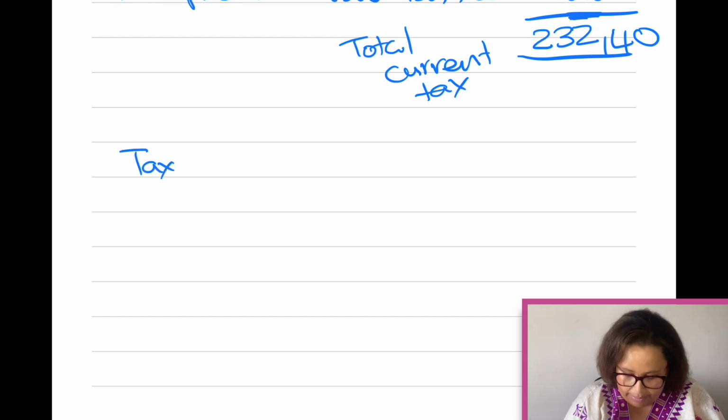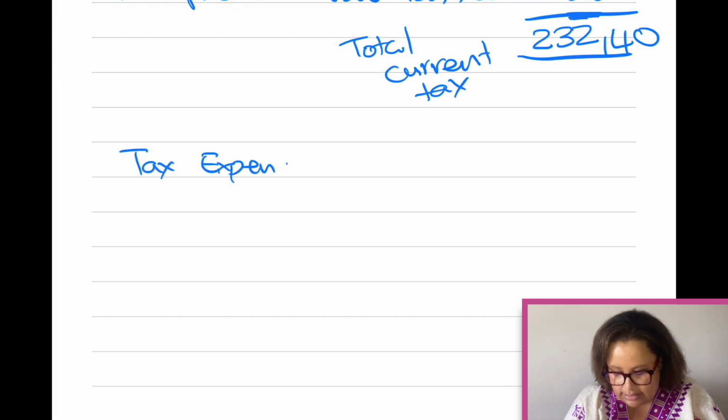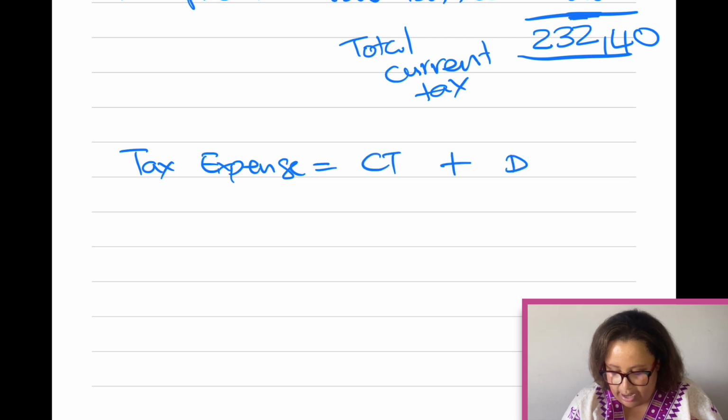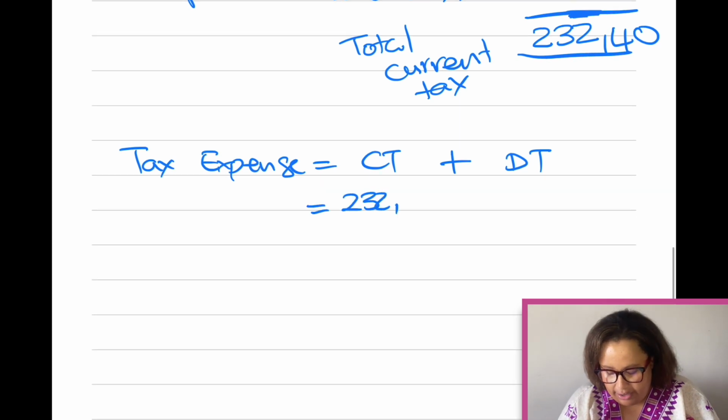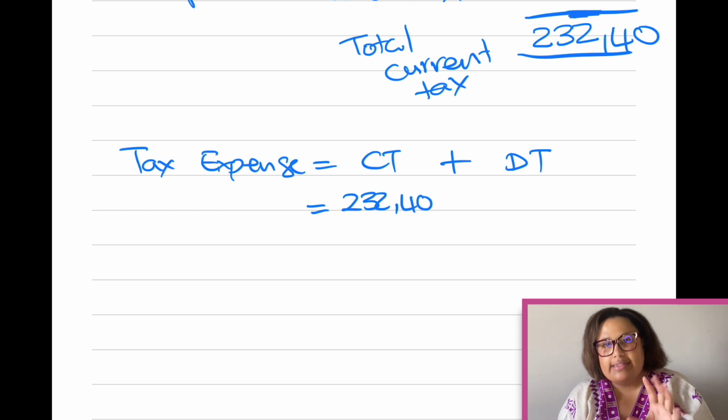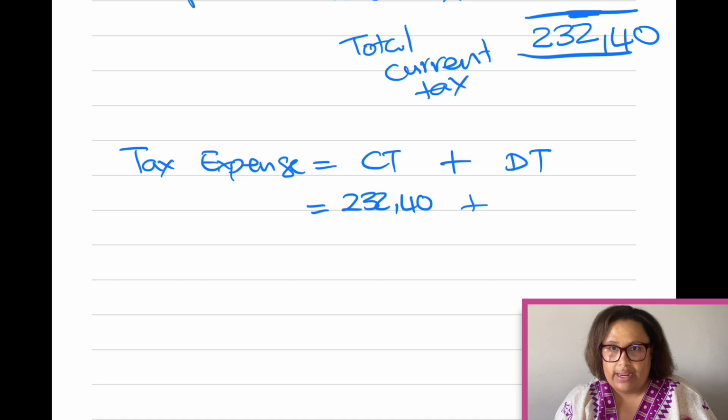No, it is not, because we know that our tax expense is equal to our current tax plus our deferred tax. We already know that our current tax is 232.40, so that's the actual current tax that we end up paying.